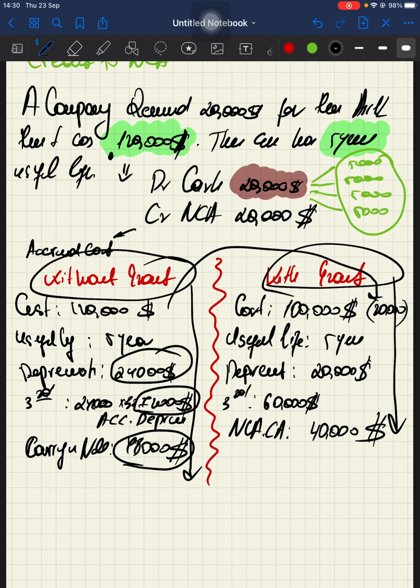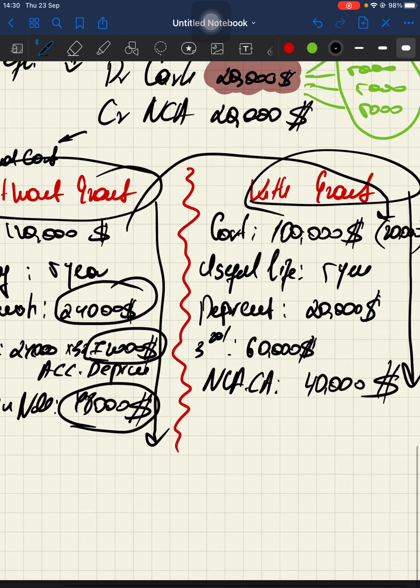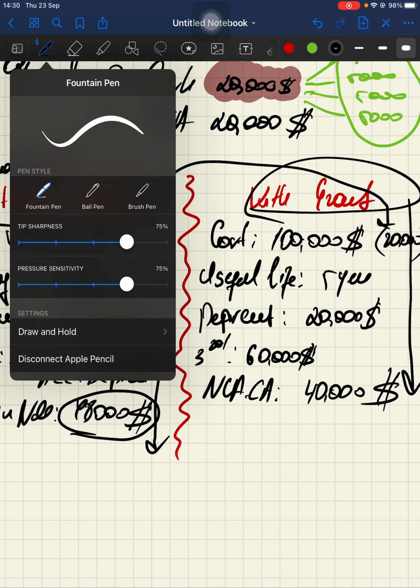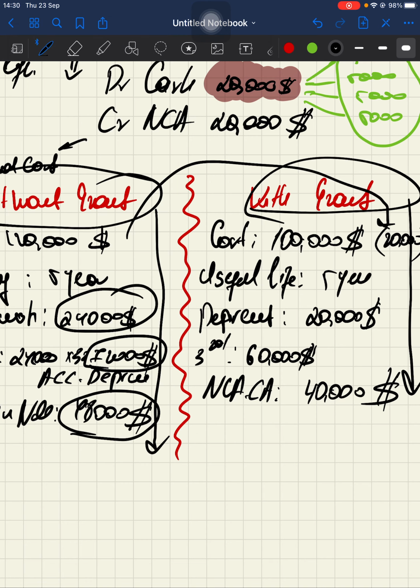So if the amount becomes repayable, what are we doing? First, let me type this as the reversal entries for repayment.